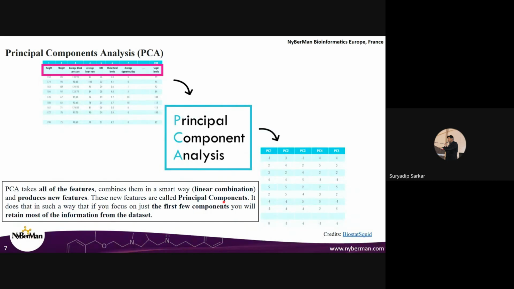And it does this combination in such a way that if you focus on just the first few components, we will retain most of the information from the data set. So the idea behind PCA is, when you create new features from the original feature set, these new features are known as principal components. First thing about principal components is that each principal component is nothing but a linear combination of all the features here.